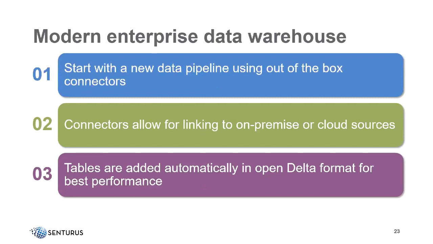So again, we're going to on-prem, we're going to cloud. It automatically adds the tables. They're in the Delta Lake format. We get the performance that we've wanted against petabytes' worth of data. What more do we need? I mean, other than $1 million and to retire to the beach. But what else do we need, right?